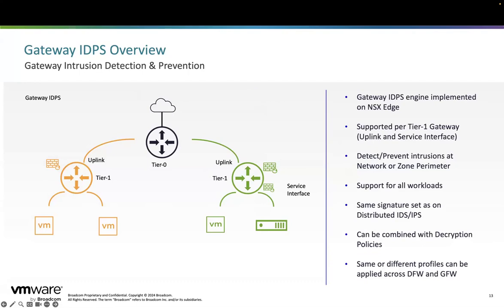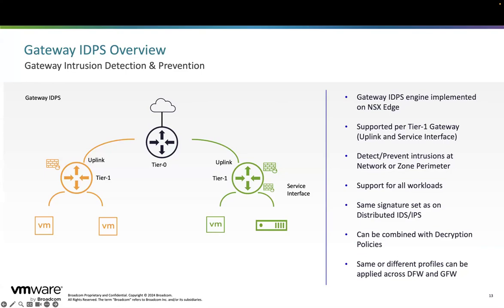Remember the use case of the gateway firewall being maybe I want to protect non-virtualized infrastructure. Maybe I want to use it to create my zones because my zones are made up of more than just virtualized workloads. So there's support here for all workloads, not just the virtual workloads, right? With the virtual workloads, you'd have distributed IDS, IPS. So Gateway can support the non-virtualized.